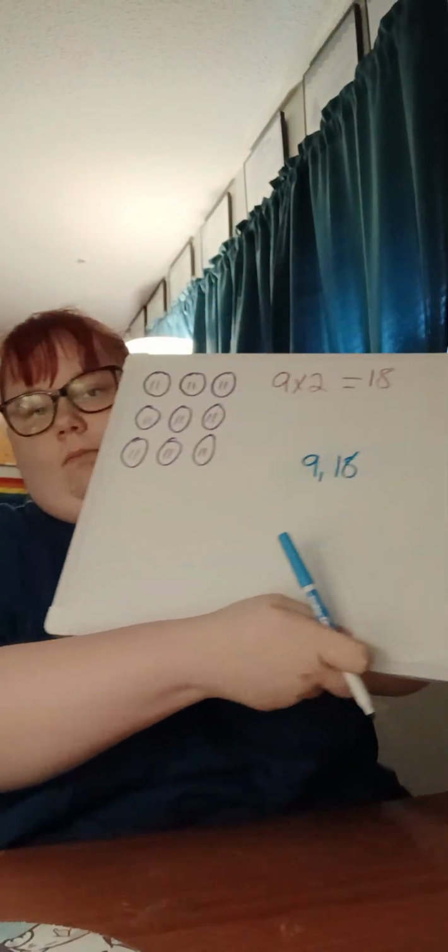Or another way you could do it is 9 plus 9. Also 18. Or if you want to break it down, you can do 9 times 1 is 9. And you can write down your tables. So, for example, I'm going to grab the eraser.